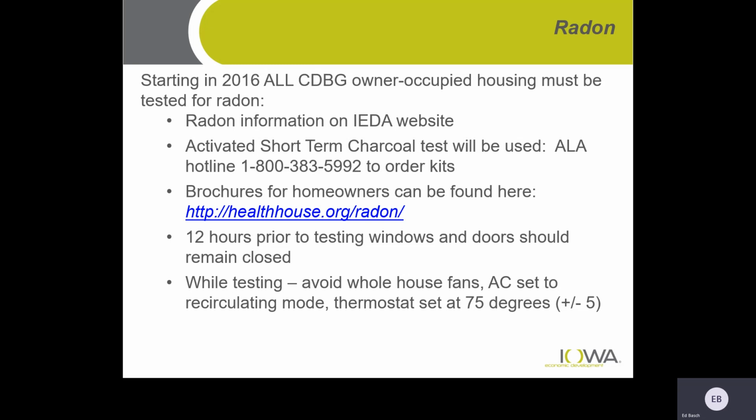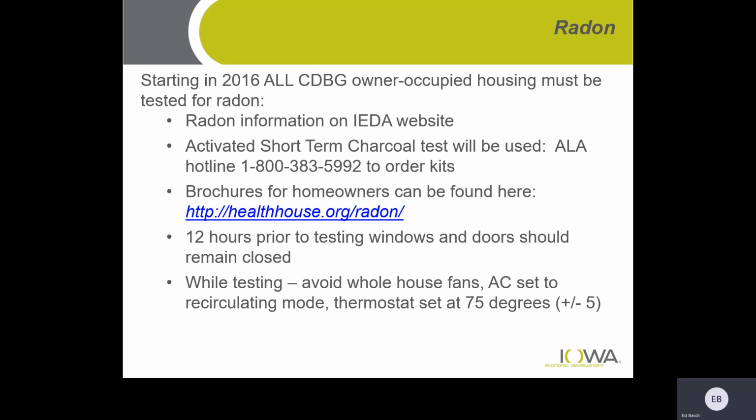In 2016, we started requiring that all owner-occupied housing must be tested for radon. And radon information is on our website, including the type of test that we recommend. There's a hotline number to order those kits. There's also brochures for homeowners that you can find on that website.